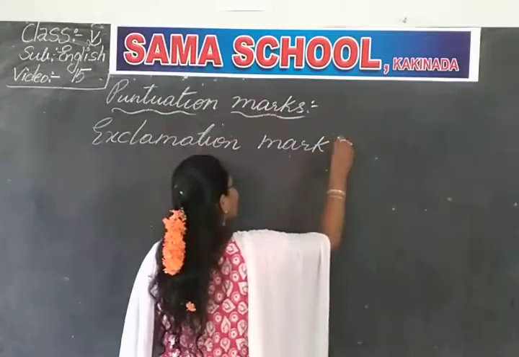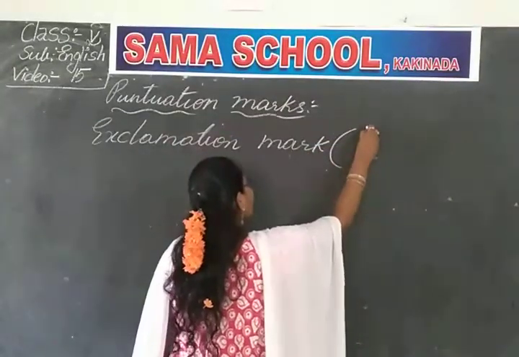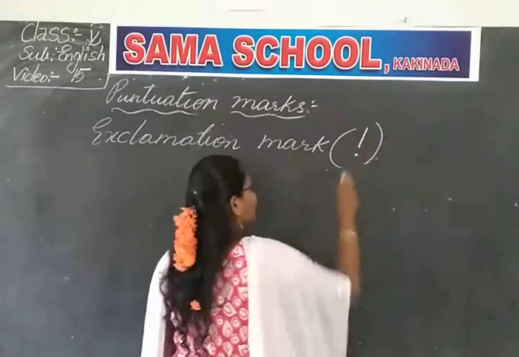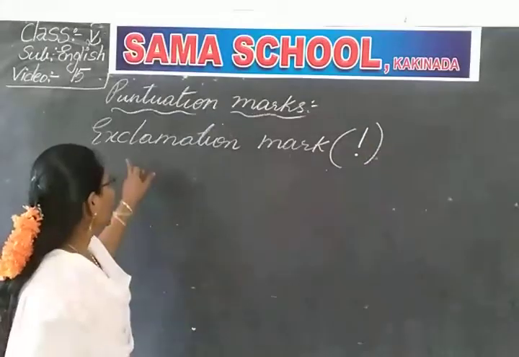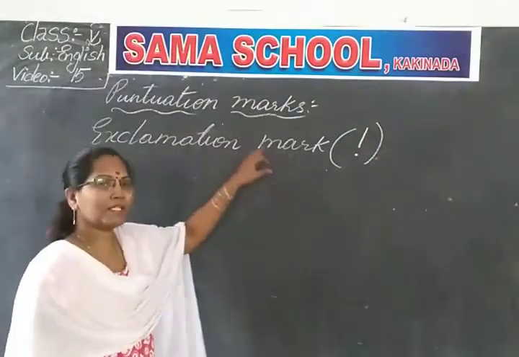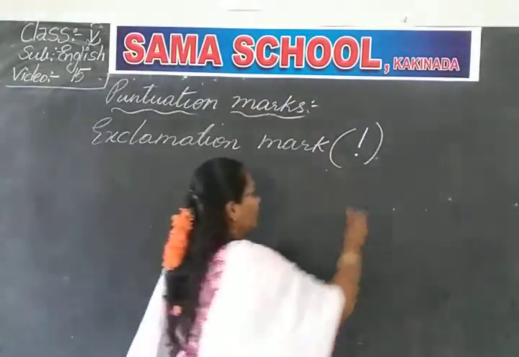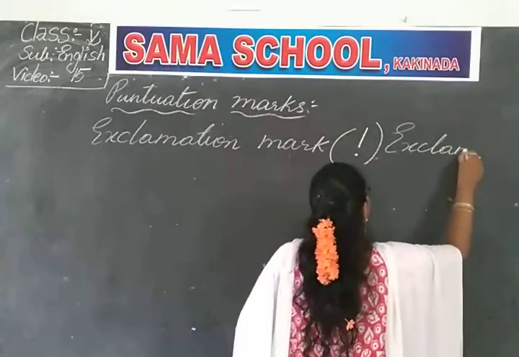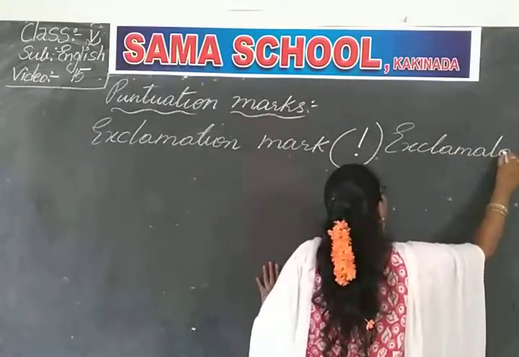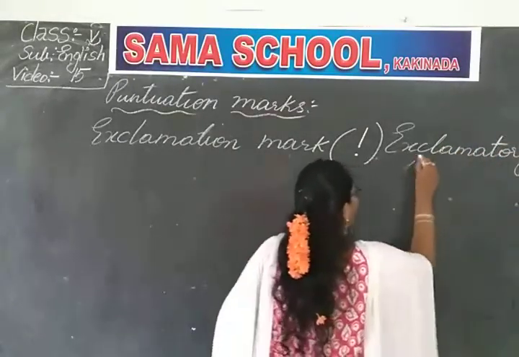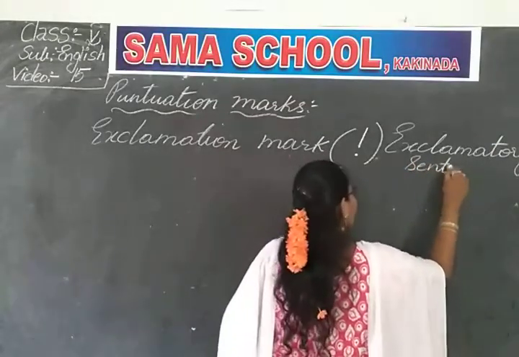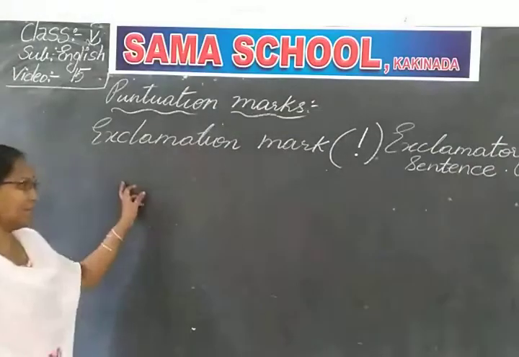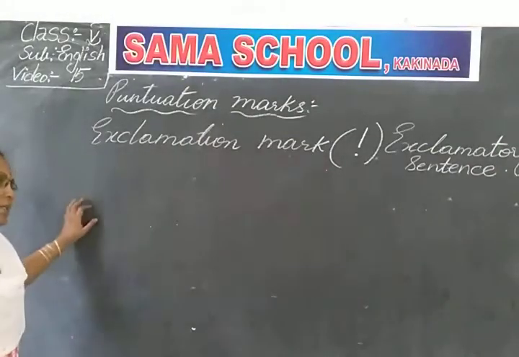How do we use this exclamation mark? The symbol for this is a straight line, and down below the straight line, a dot is kept. This is called an exclamation mark, the exclamatory mark. And we use this in the exclamatory sentence. In which type of sentences do we generally use this exclamatory mark? We use this exclamation mark in the exclamatory sentence.